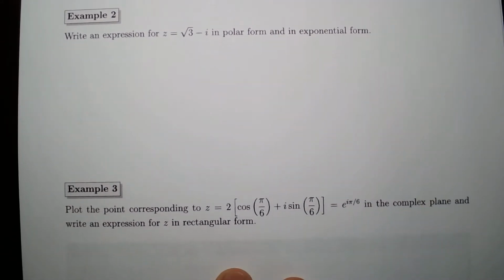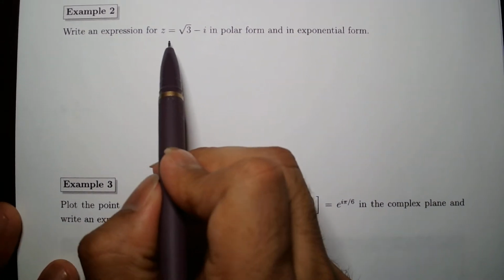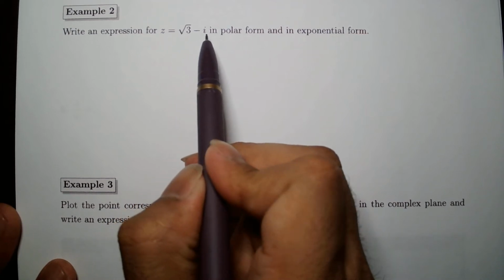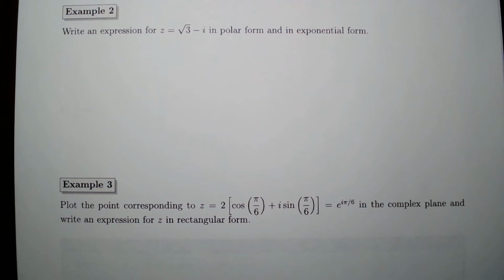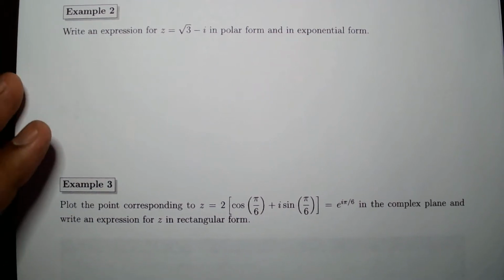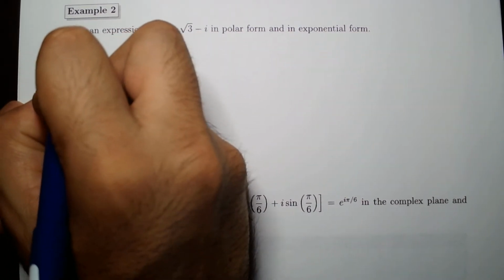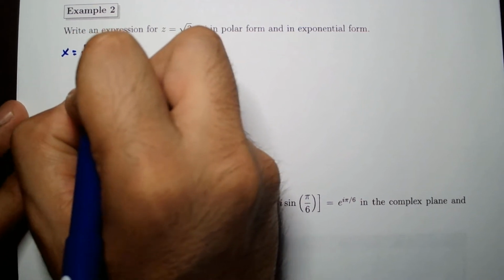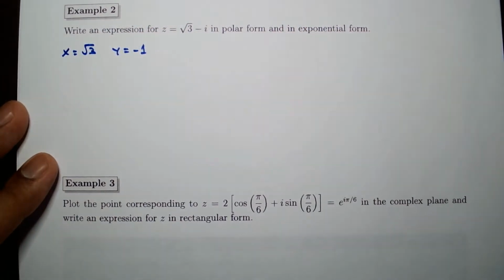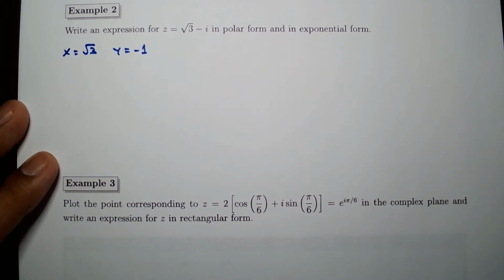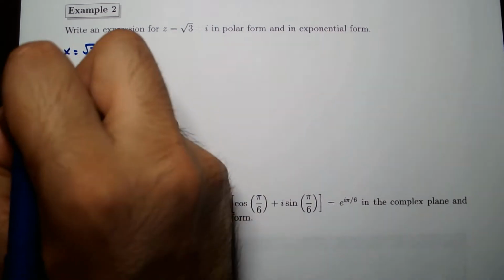Alright, so we're given an example. Write an expression for z equals square root of 3 minus I in polar form and in exponential form. So what do we do in this case? Well, first identify that x equals root of 3 and y equals negative 1. That's the number that multiplies the I, the imaginary unit. Let's find the radius.